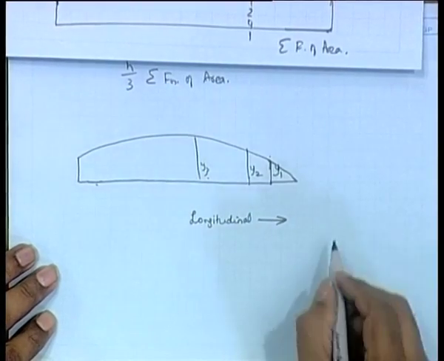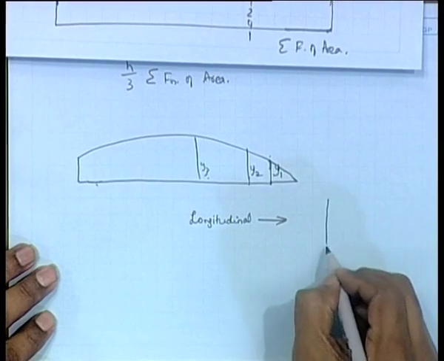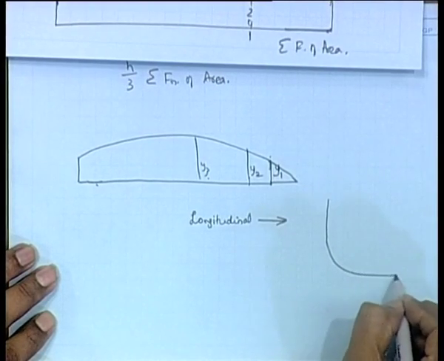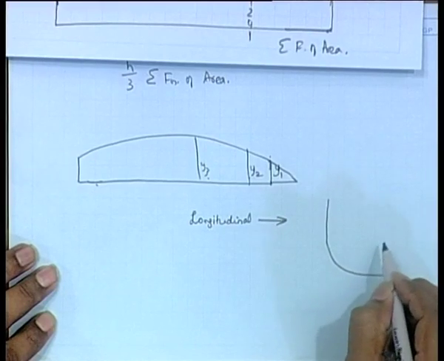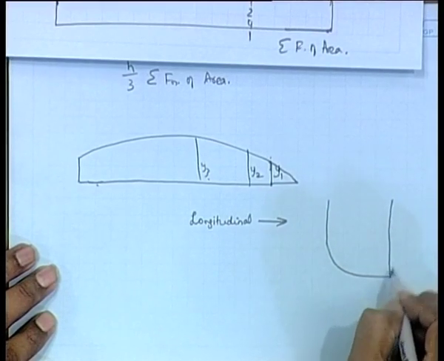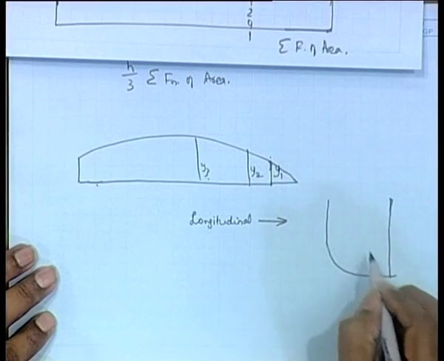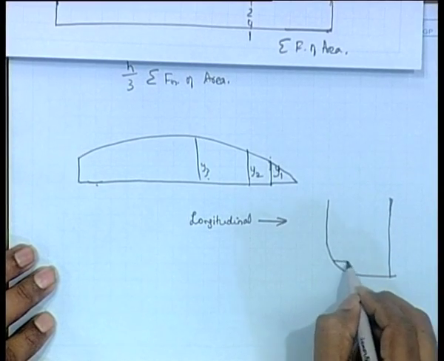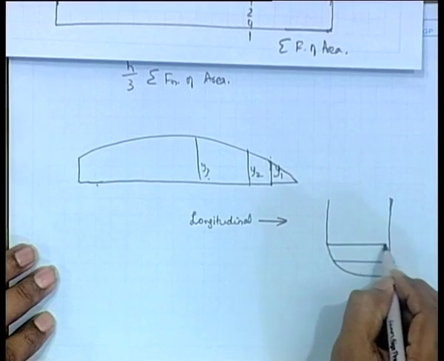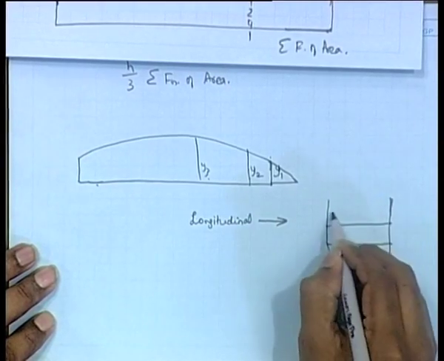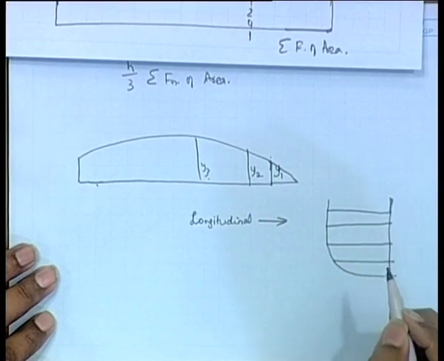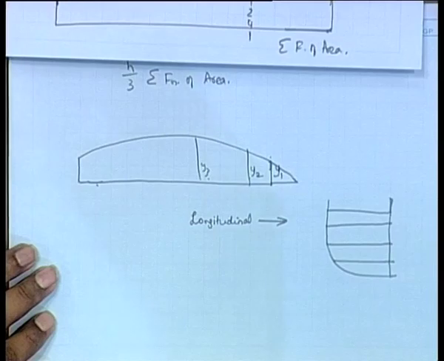Similarly, then another problem can be, you are given a section. By now you definitely know what a section is. This also, let us take just the half. Okay, you know the section and you are finding the area, you can be given these lengths. What does it mean? It means the half ordinate at each draft.